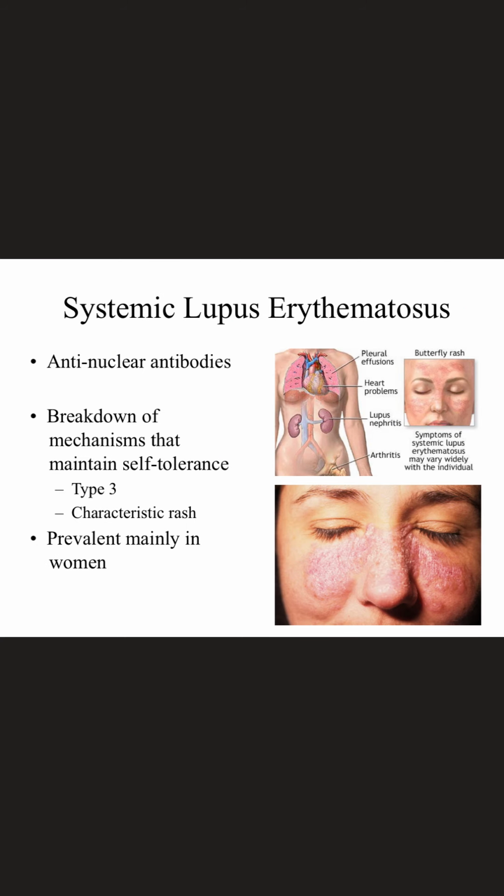Okay, then we have lupus, SLE for short, systemic lupus erythematosus. So this is a disorder which is characterized by the existence of what we call ANAs, or anti-nuclear antibodies. Nuclear is referring to the nucleic material of cells.